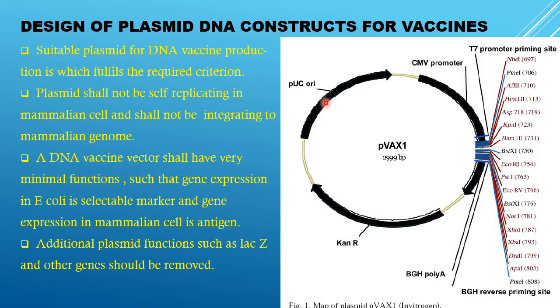Another concern is that in a particular tissue, when this DNA vaccine is entering, the cell's restriction system will be degrading it, so lots of DNA will be degraded, and very few DNA strands of the vaccine will be there to get expressed as an antigen. So for this reason we need a large quantity of DNA vaccine to incorporate in a human.